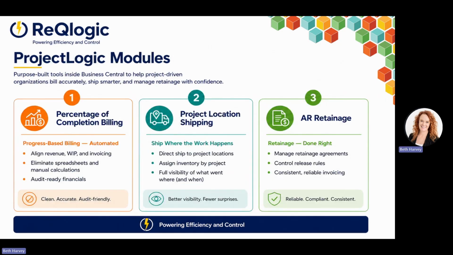As we move to another logic block, we can talk about Project Logic. And this is a tool that's built inside Business Central to really fill some of the gaps that a project within BC is missing. So the three pillars that we have are percentage of completion billing, project location shipping, and AR retainage.